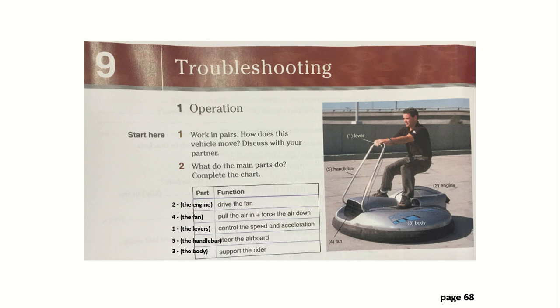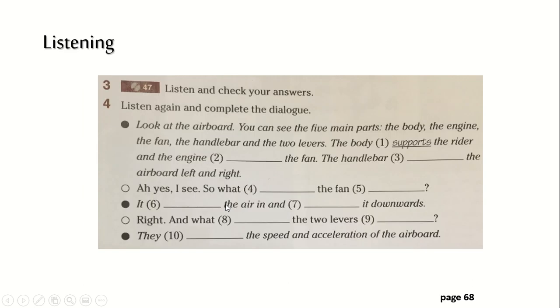Good. So now we finished our first objective. We recognize the parts of the airboard, and also we have seen the function of each one of these parts. Now, what we need to do is to move to next exercise, exercise 4, to listen again and complete the dialogue. And here, this is our objective.